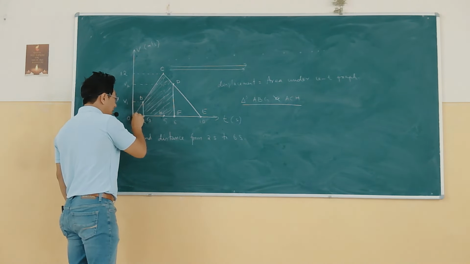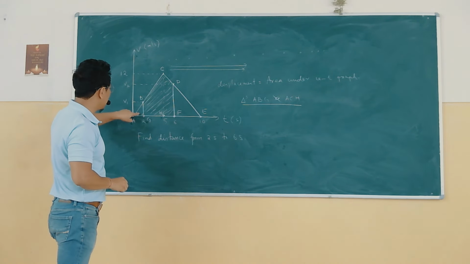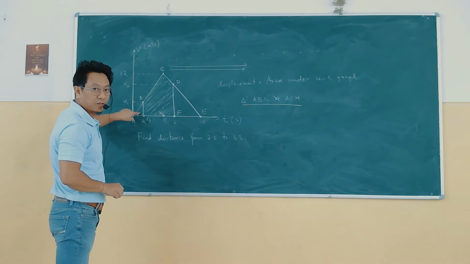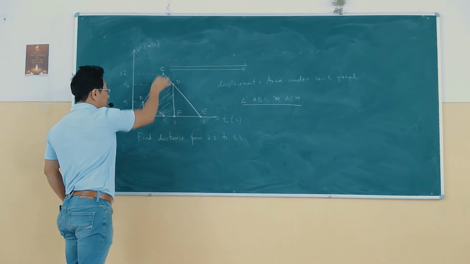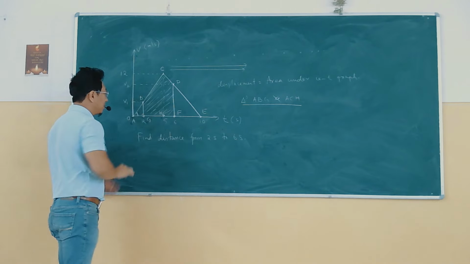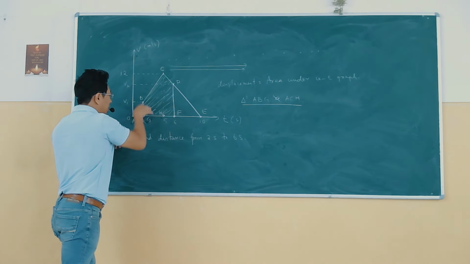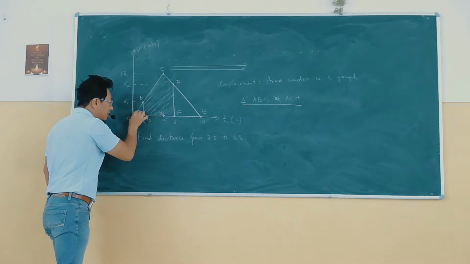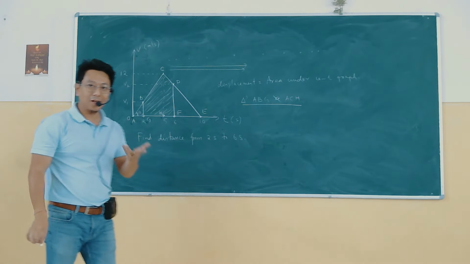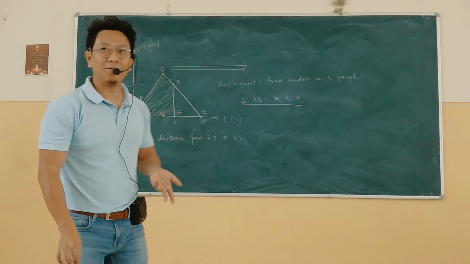So since this angle is same, this is 90, this is 90, we can write tan theta for this angle. Tan theta we can write opposite by adjacent, also opposite by adjacent. Because both the triangles, big triangle and small triangle, have this same angle. So if angle is same, tan theta will be same. If tan theta is same, opposite by adjacent will be same.